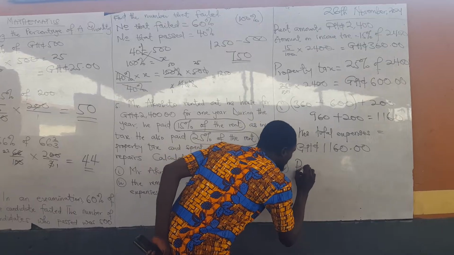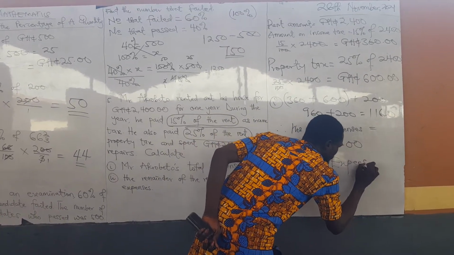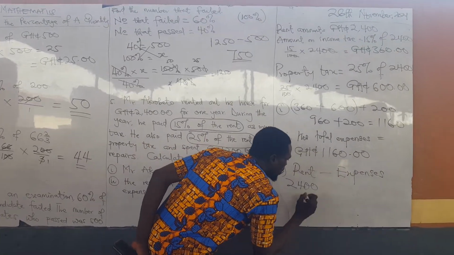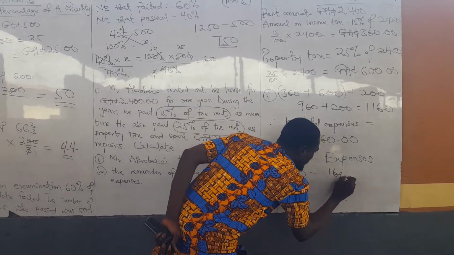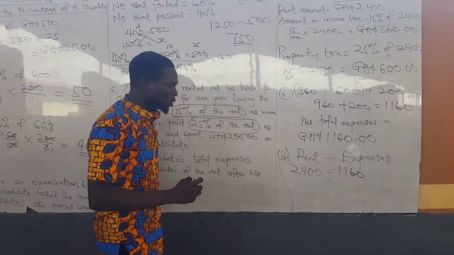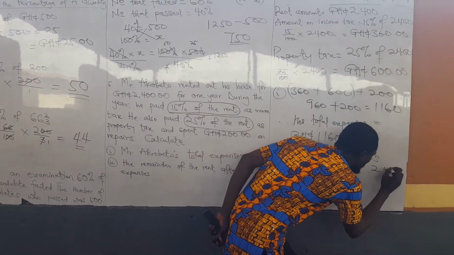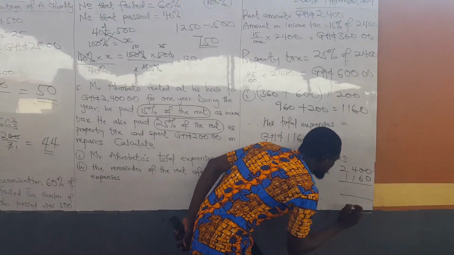So rent minus expenses. What is the rent? 2,400 minus expenses, 1,160. This can be written as 2400 minus 1160. So let's do the subtraction and see.